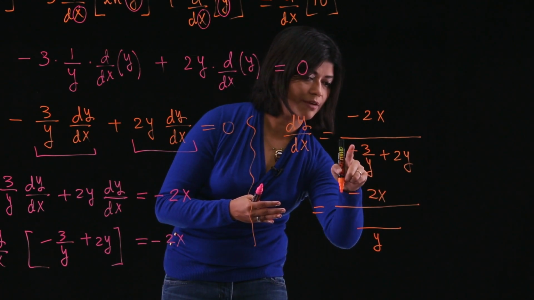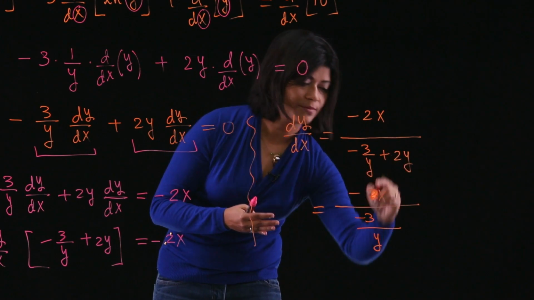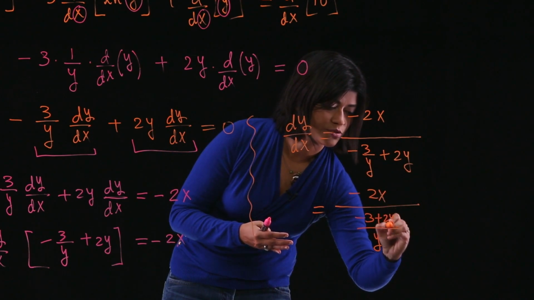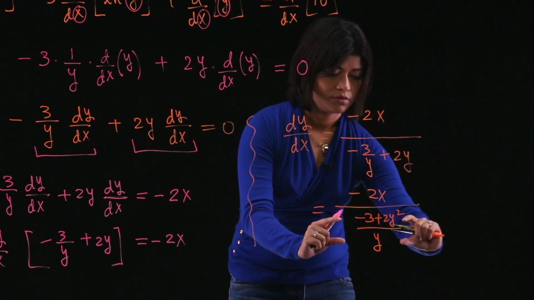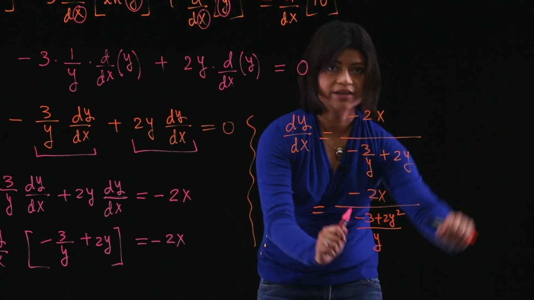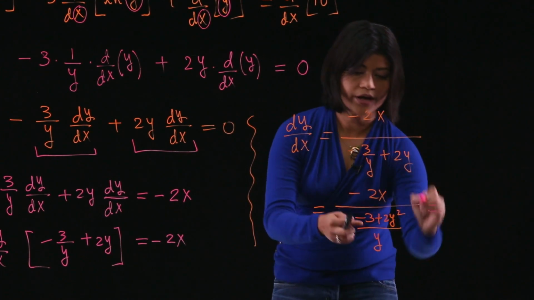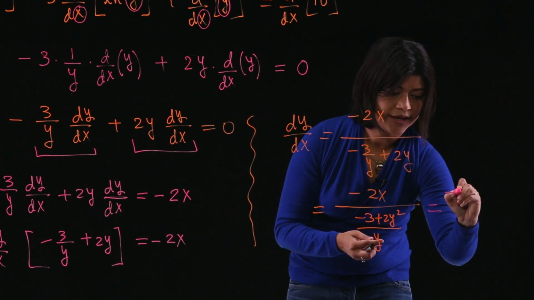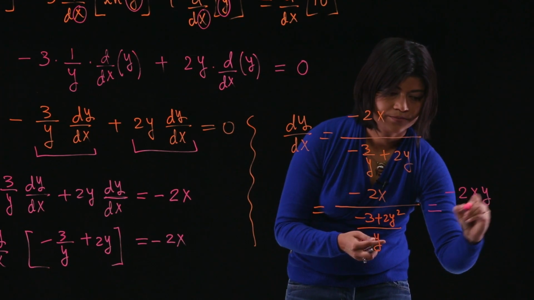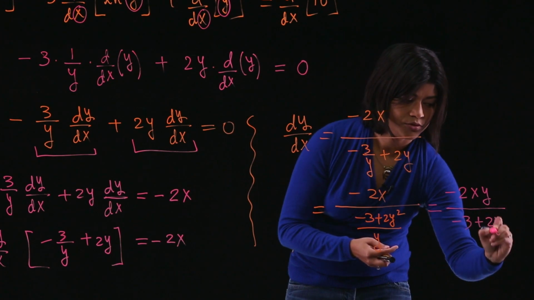In the numerator, you will have negative 3 times 1 plus 2y times y, so plus 2y squared. And then to make it into one fraction, the fraction in the denominator will get flipped. So y will be in the numerator. So in the end, your answer will be negative 2xy divided by negative 3 plus 2y squared.